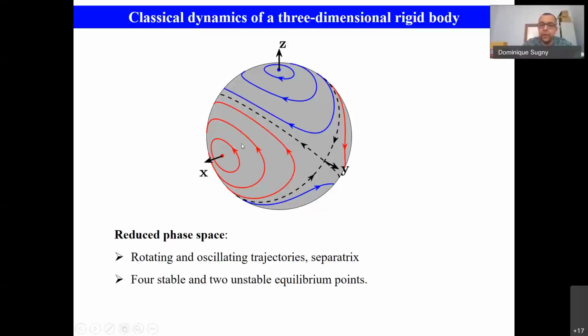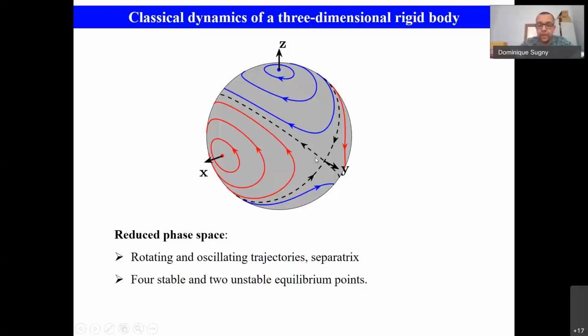So we have different trajectories corresponding to what we call the rotating trajectories and the oscillating ones. And at the border between the two families of trajectories we have what we call the separatrix. It corresponds here to the dashed line.